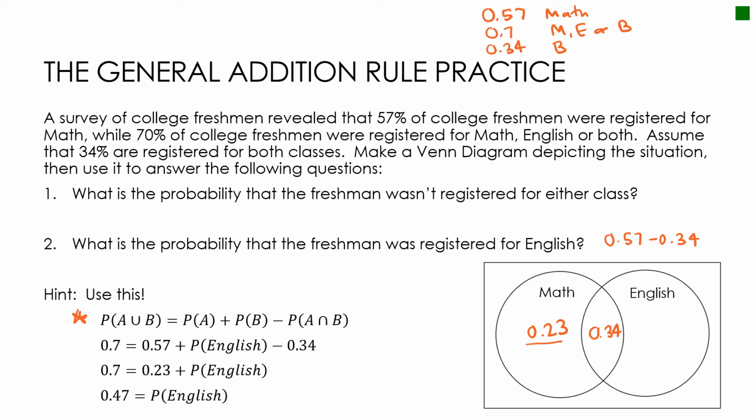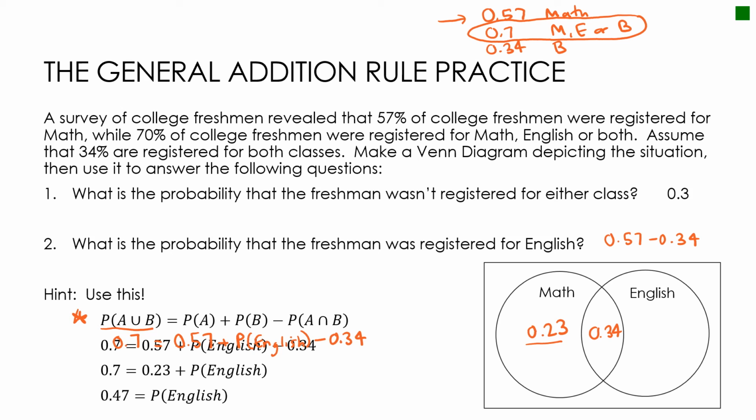So I can use this formula that says we have the probability of A union B. That's everything, right? That's this value right here. So essentially we're saying 0.7 is equal to the 0.57, which is math before I took everything away, plus the probability of English, which is what I'm trying to figure out, minus the probability that it's in both, which they've already told us is 0.34.